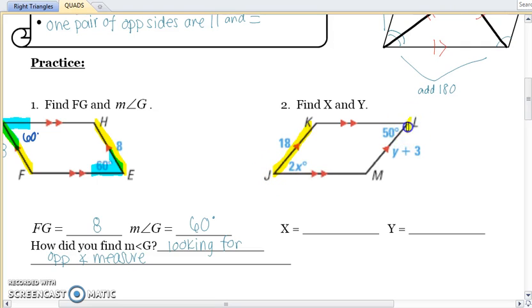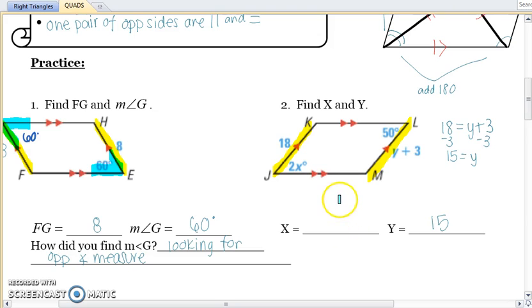KJ has the same measure as LM because they're opposite each other. So the equation that we can set up is 18 equals y plus 3. Subtract 3 on both sides, and we get y is equal to 15. You can also always plug that back in and double check your work.